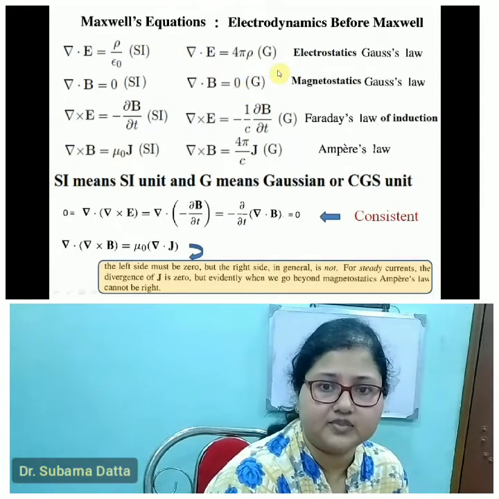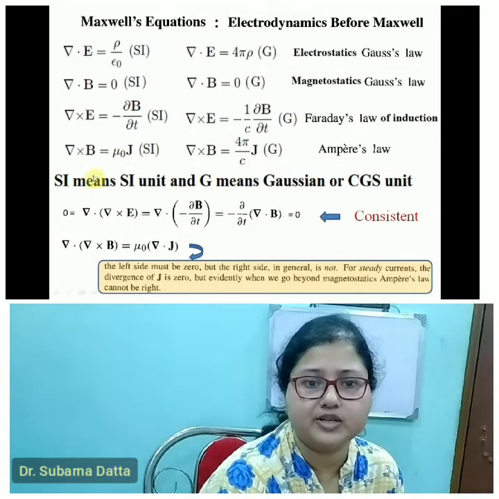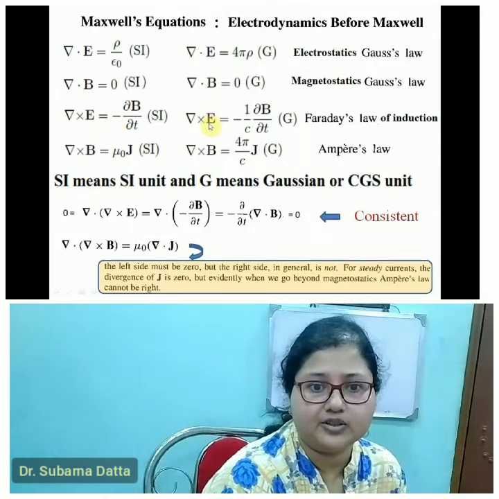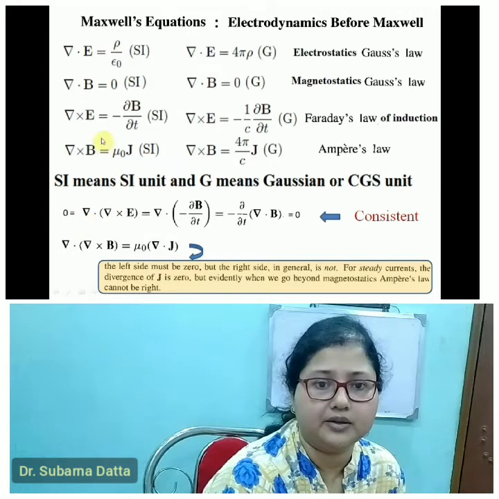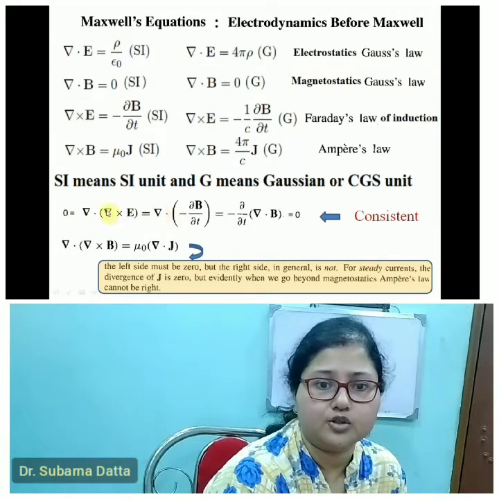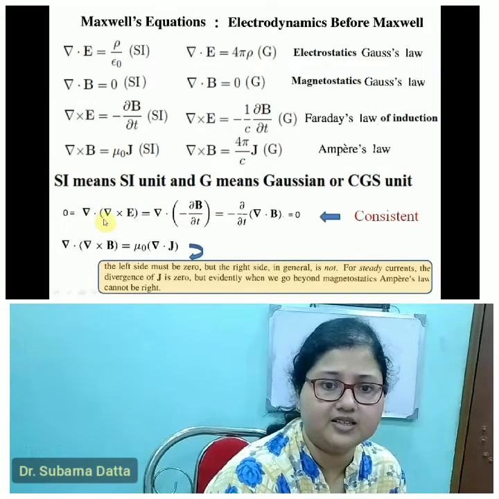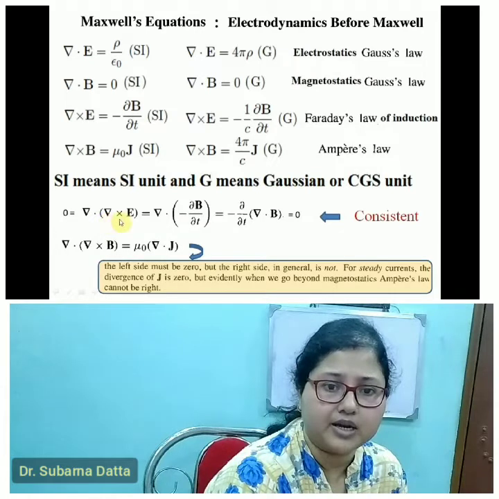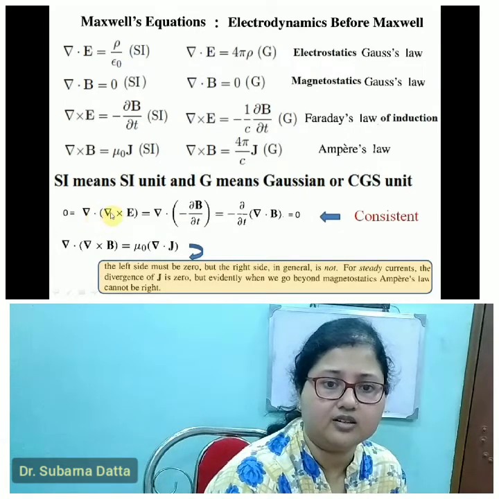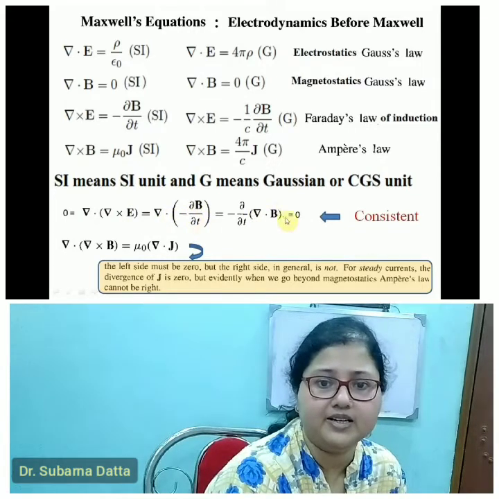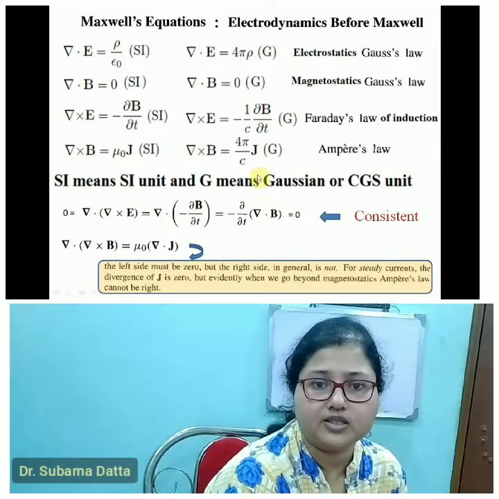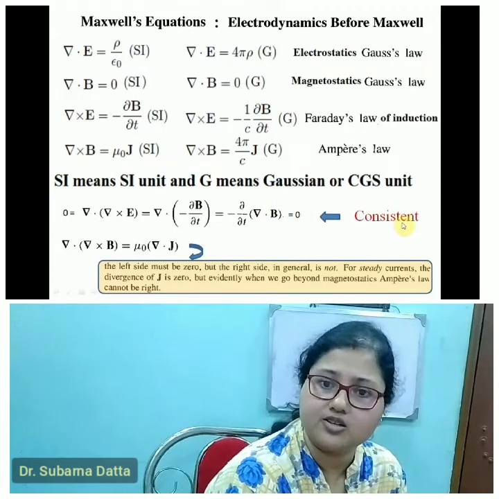In the third equation, if we take del dot curl E, the left hand side is always 0, because the divergence of the curl of any vector is 0. And if we take del dot of minus del B del T, according to the second law it is 0, that is consistent.